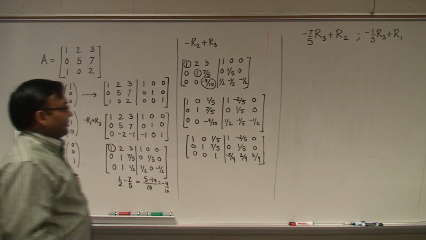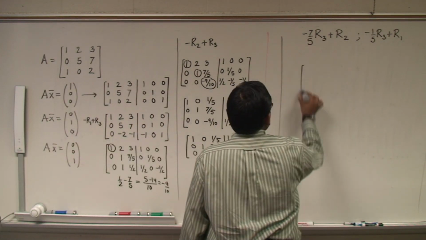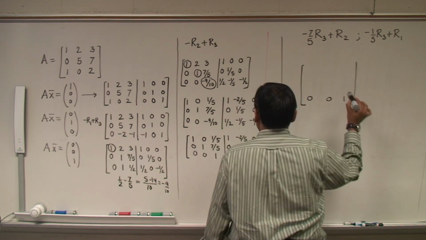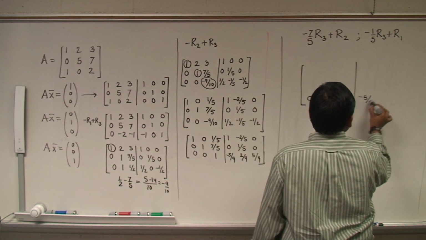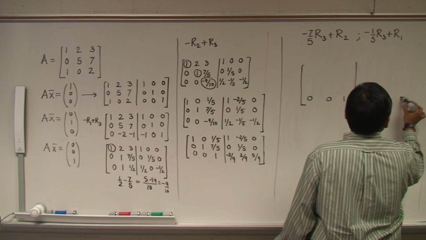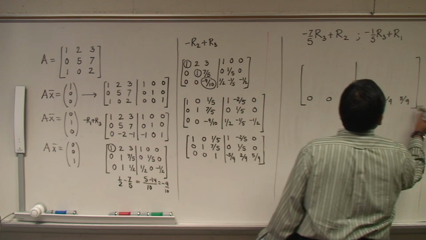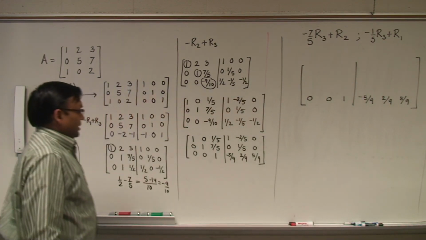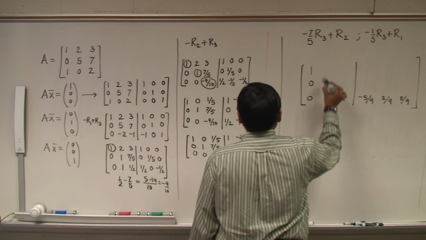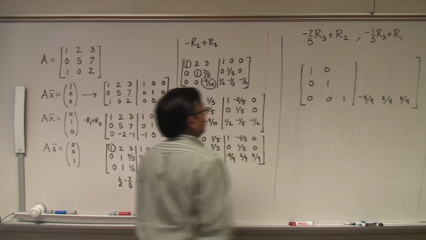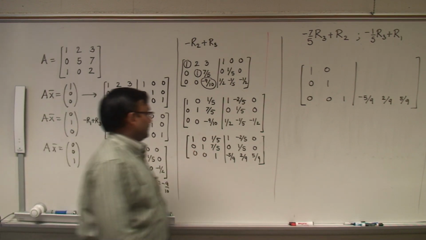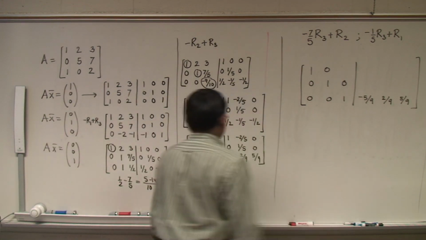So we perform those 2. Let's see what happens. The last row remains intact. Now, let's see what other entries will not change. Okay, minus 7/5 times row 3 added to row 2 gives you a 0 here.